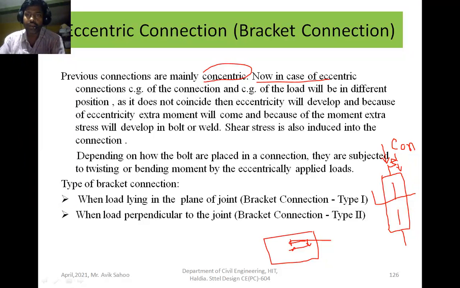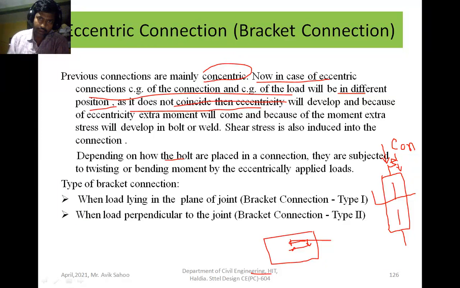So you see that in case of an eccentric connection, the CG of the connection and the CG of the load will be in different positions, as they do not coincide. Then eccentricity will develop. So the loading CG and connection CG will not meet at one point.